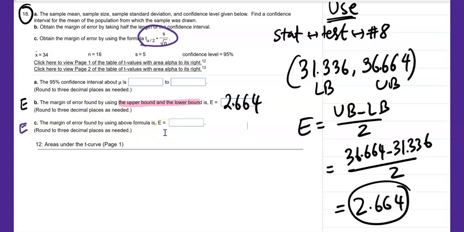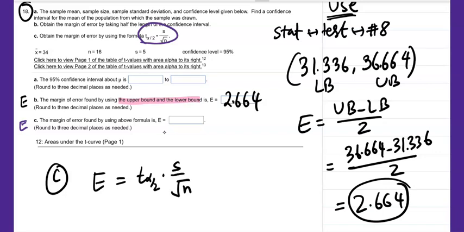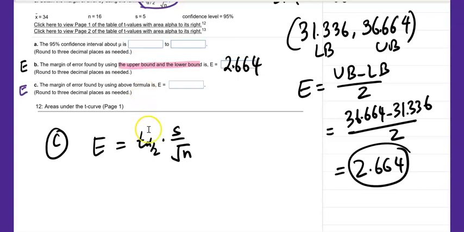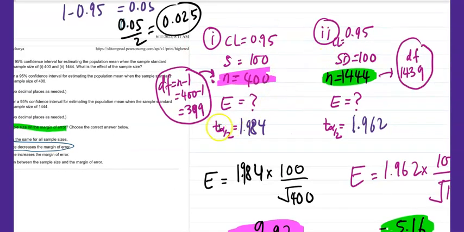Now we have to use the margin of error formula to see if B and C give the same answer. So for C, use the margin of error formula, t alpha over 2 critical value times S over the square root of N. So we have to find the critical value like we did before. Remember how we found the critical value in the previous question?